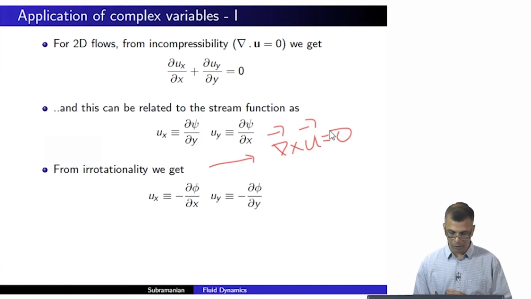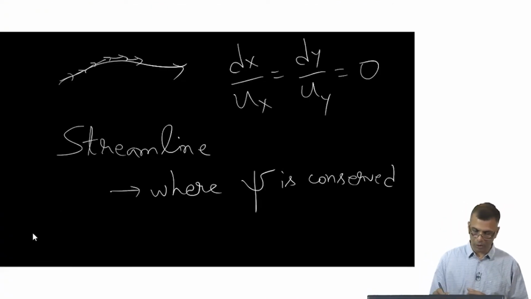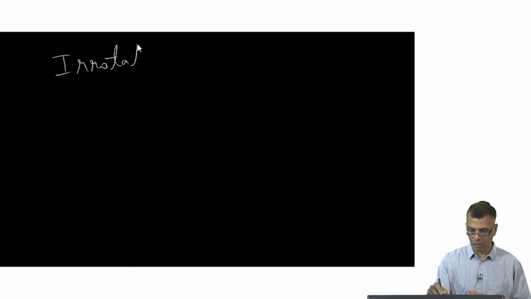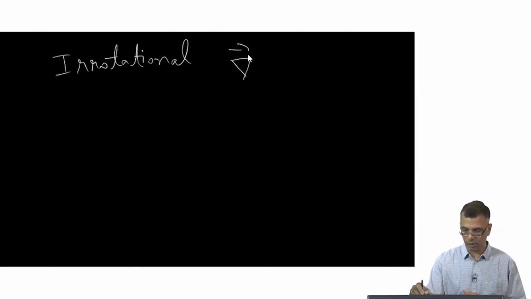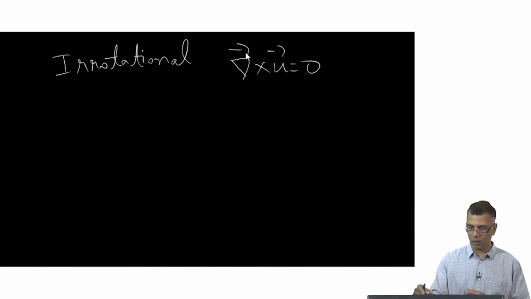Right? You merely write down irrotationality. It is simply saying that curl of u is equal to 0, and you remember the curl. We had written this down already.